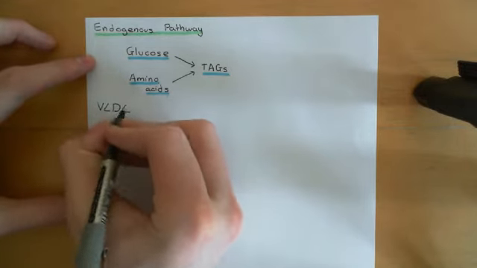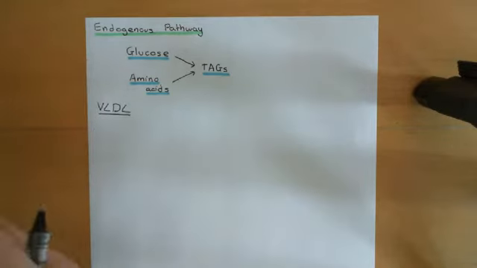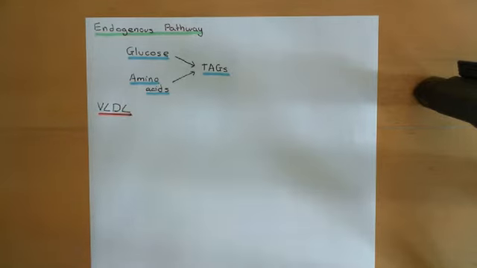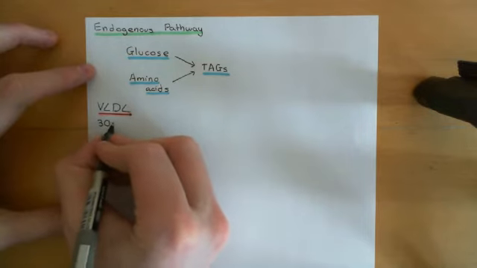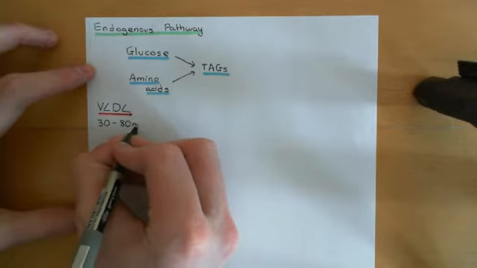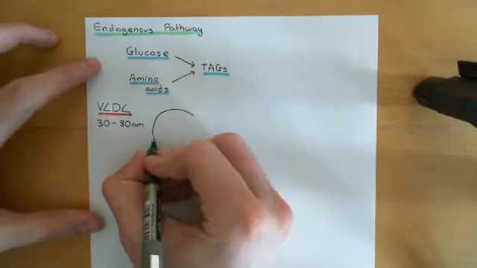So VLDL. Let's start off with a discussion of VLDL, because we haven't discussed this one in detail yet. When we were having the general discussion on lipoproteins, I told you that VLDL is the second biggest, after chylomicrons. They can be between 30 and 80 nanometers in diameter, so they are large lipoproteins.